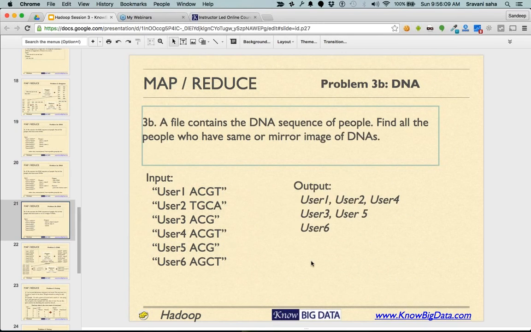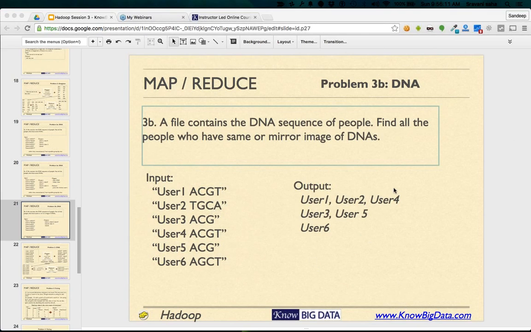Now there is another slight twist in the story. The twist is one scientist came along and said, it's not only the DNA, it's also if the DNA of one person is just a mirror image of another person's DNA.